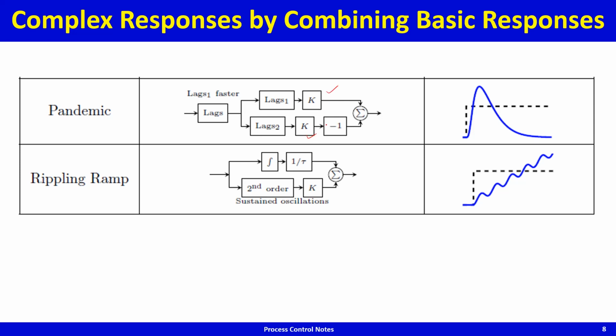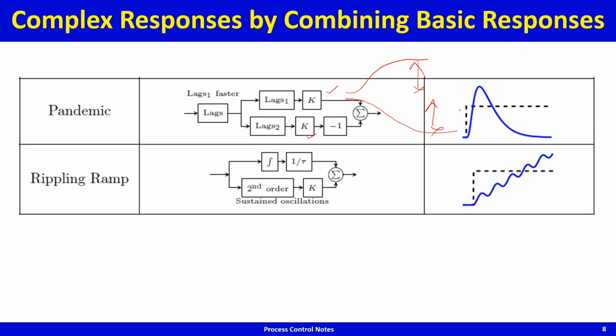So in this case, this gain and this gain are the same. Lags 1 are faster than lags 2, so what you get is a smooth but fast response here. Lags 2 are much slower, so what you get is smooth but much slower, and this change and this change are the same.